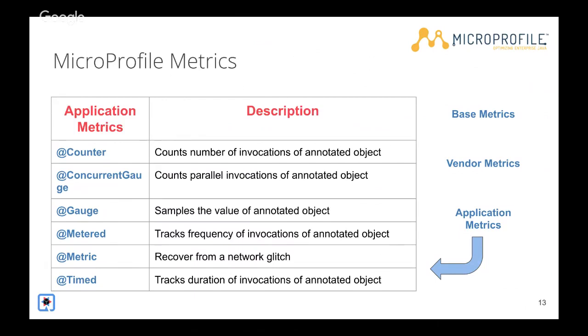What you get out of the box with metrics is an endpoint /metrics that can be pulled by, for example, Prometheus. And with that, you get some base metrics that are required by MicroProfile, things like CPUs and memory available, some vendor-specific metrics if a vendor wants to provide that, and then of course your application metrics.